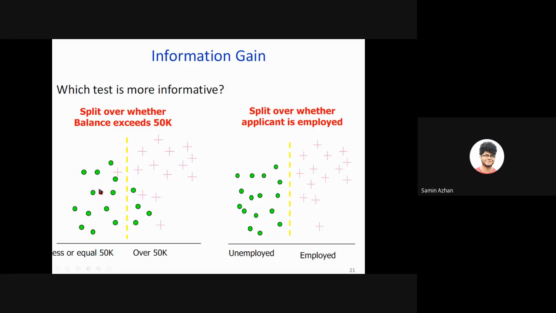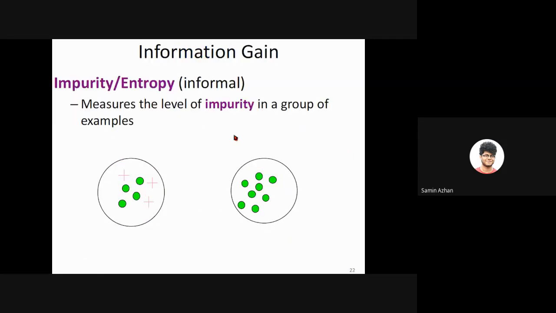But in this case, if we try to categorize between more than 50K and less or equal to 50K, there might be some values like a plus symbol on the left side and some circles on the right side. So this is trying to visually represent how a pure set and an impure set can look. Entropy really means we're trying to calculate the impurity in our group of examples.